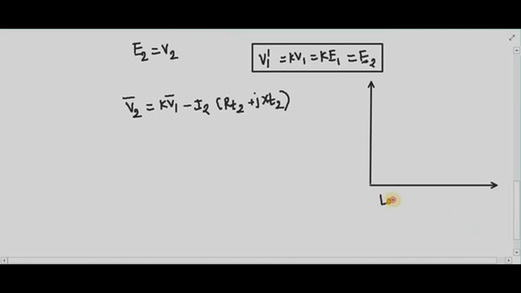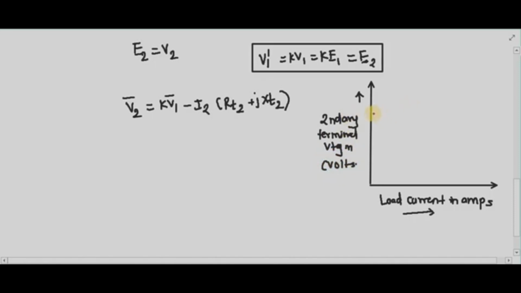So this will be your load current in amperes, and this one will be your secondary terminal voltage in volts.